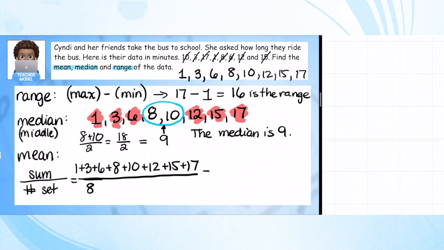I am not going to do this by hand. I am going to use my calculator. So let's do the first set. 1 plus 3 plus 6 plus 8, which is 18. Plus, let's do the second set. 10 plus 12 plus 15 plus 17.